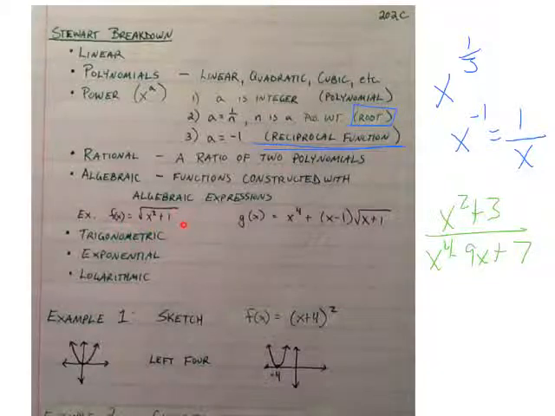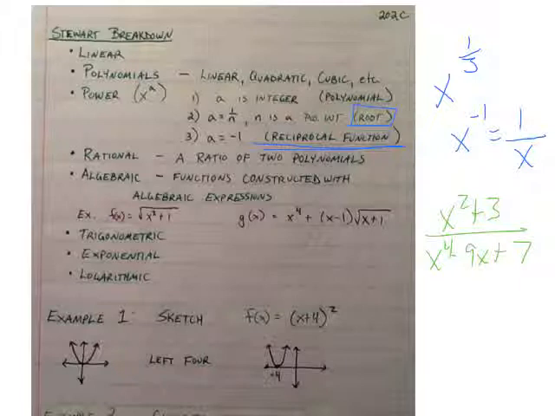The first looks like a root function, but because it's the root of a polynomial, we're going to call it an algebraic expression. And the second function starts to look like a polynomial, but then we've multiplied a piece of the polynomial by a root function. So it's kind of a way of connecting several different types of functions as long as it's only algebraic operations. We have the trig, the exponential, and the logarithmic.